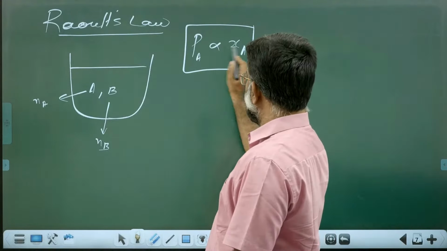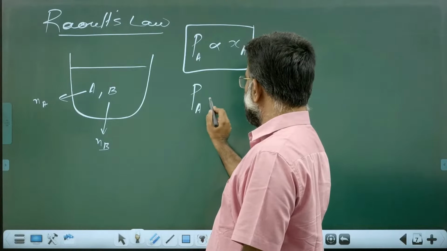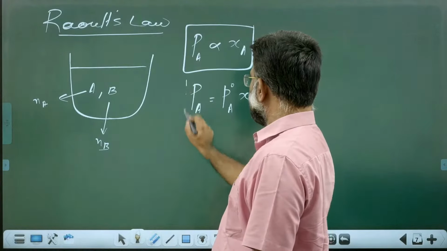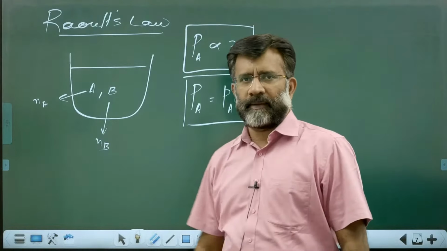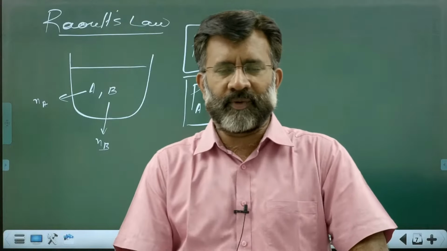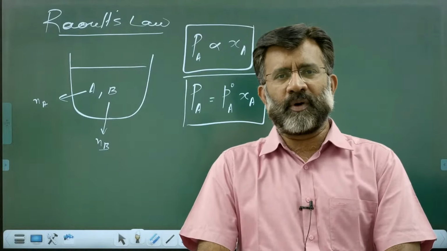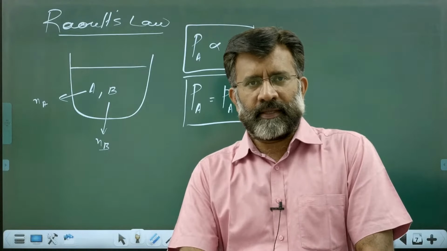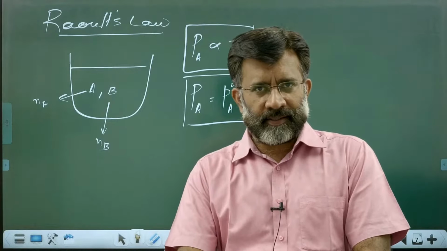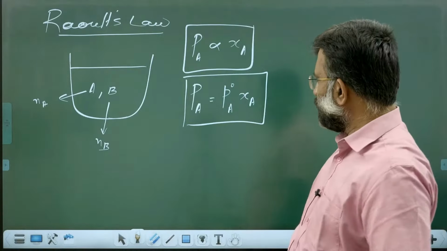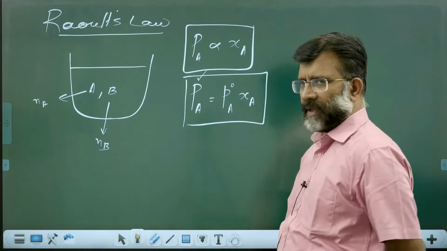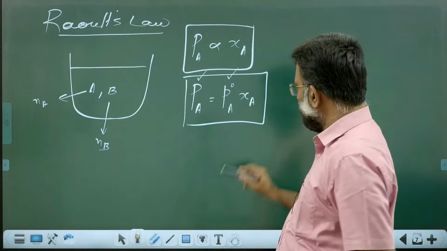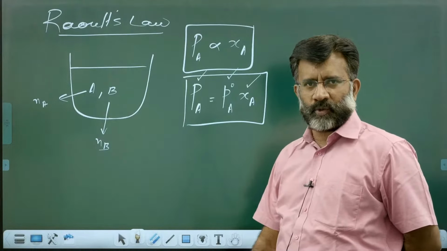So, Pa proportional to Xa and Pa equal to P naught A into Xa. What is this P naught A? P naught A means the vapor pressure of pure A. Suppose A is taken alone, pure. Then the vapor pressure of A under identical conditions is called P naught A. So, this is the vapor pressure contribution of A in the solution, this is the vapor pressure of pure A, and this is the mole fraction of A in the solution.